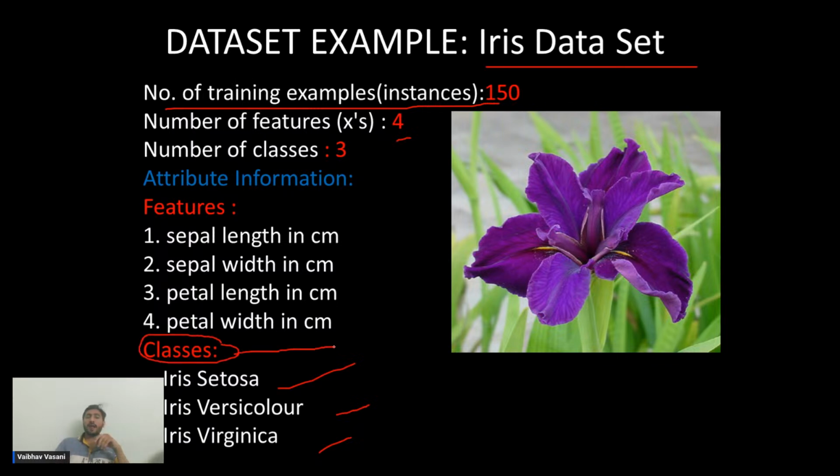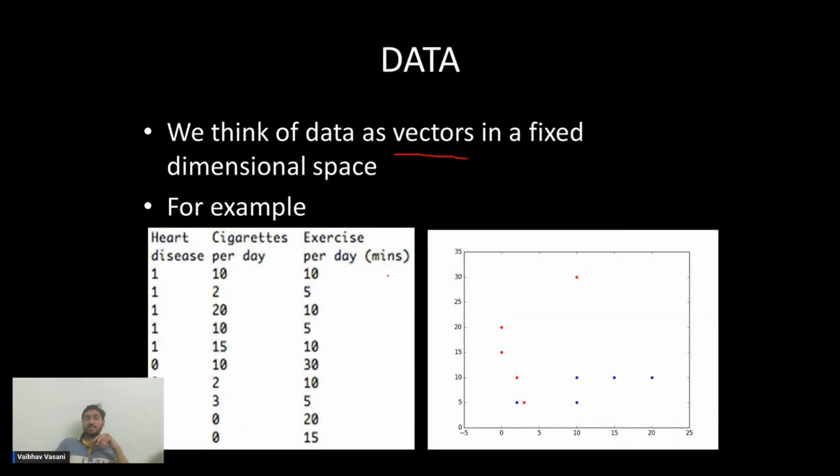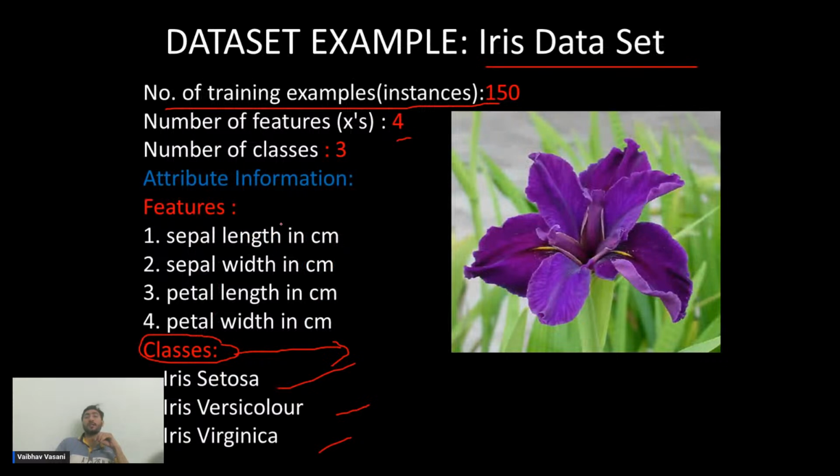So we can try a classification algorithm on this data set. On the previous data set, we could try regression. But here we have classes available, so we are able to apply a classification algorithm.